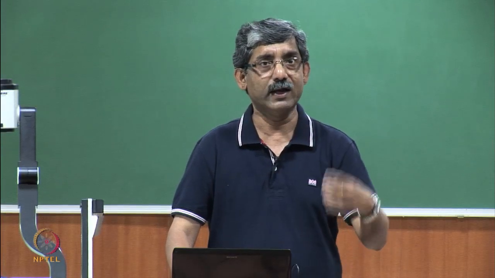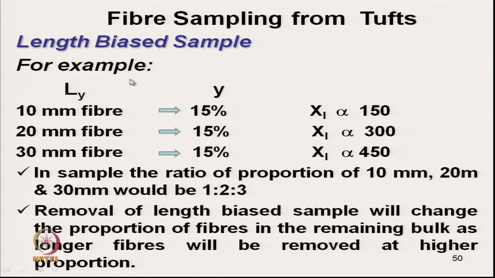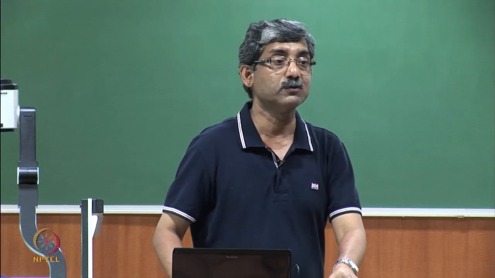Now, when it is a length biased sample, x_i is proportional to 10 multiplied by 15, that is 150. For 20 millimeter, it is 20 multiplied by 15, 300, and for 30 millimeter, 30 multiplied by 15, 450. So, the proportion of 10 millimeter, 20 millimeter and 30 millimeter fiber will be 1:2:3.